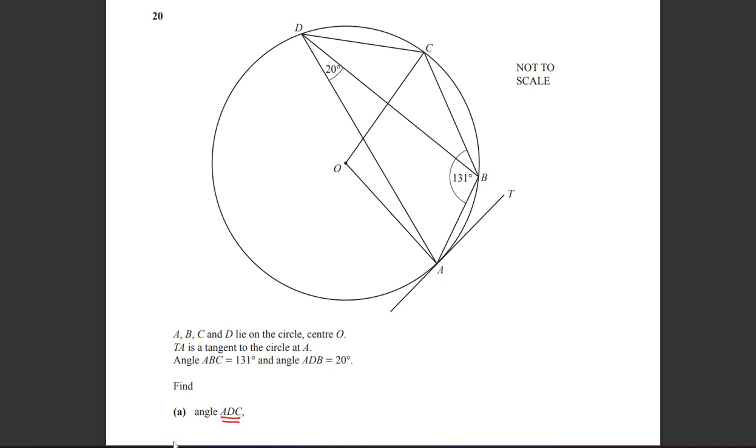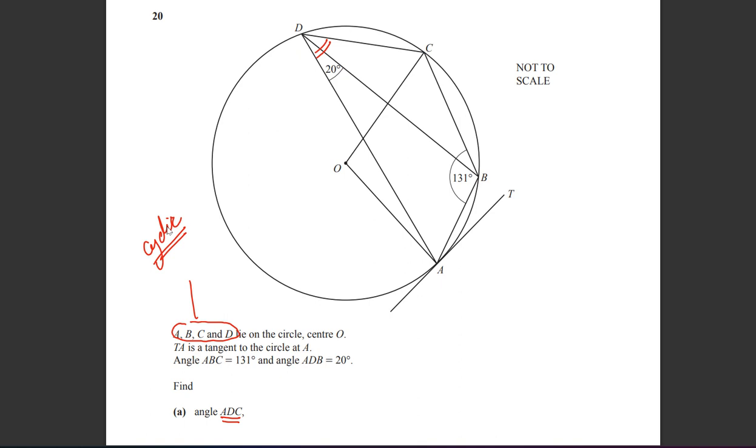What should I think? As we see here, he mentioned that these four points lie on this circle, which means we have a cyclic quadrilateral. What are the properties of a cyclic quadrilateral? One of the important properties is that each two opposite angles are supplementary, meaning their sum equals 180.